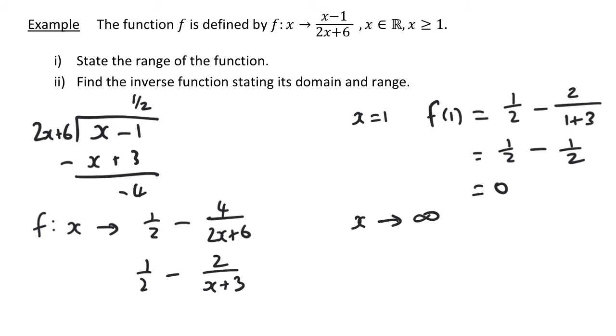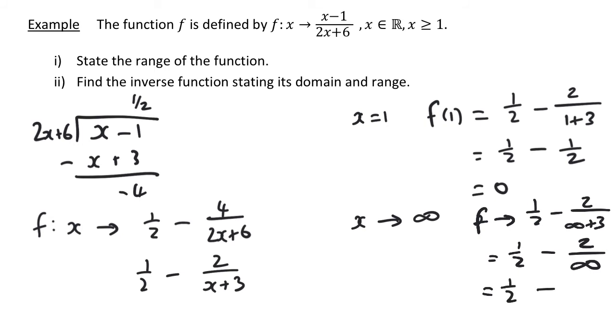So what we'll have is that f will tend to a half minus 2 over (infinity plus 3), which is a half minus 2 over infinity. Now, 2 divided by an infinite number is going to tend to 0. So that's going to be a half minus 0, which is a half.